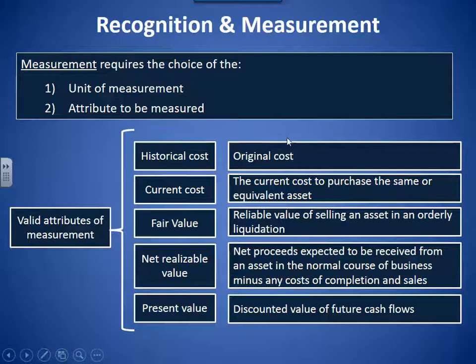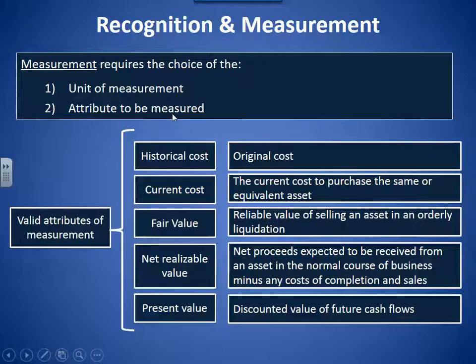Now we go on and we just talked about the recognition of an event. Now we need to talk about how do we measure an event once we decide to recognize it. And the conceptual framework talks about, we have to talk about what is our unit of measurement, which will be the dollar in this case.